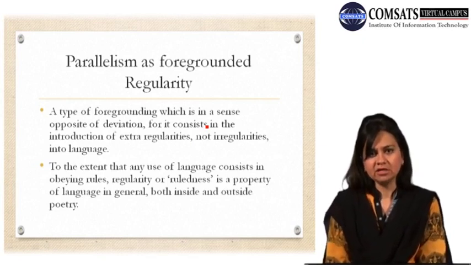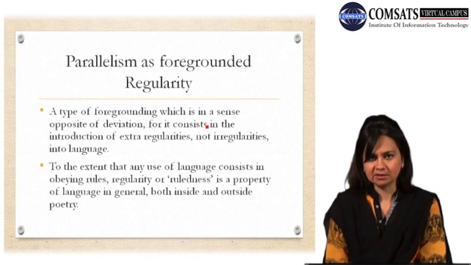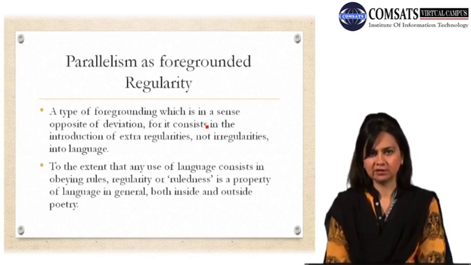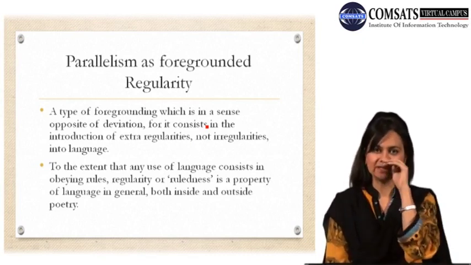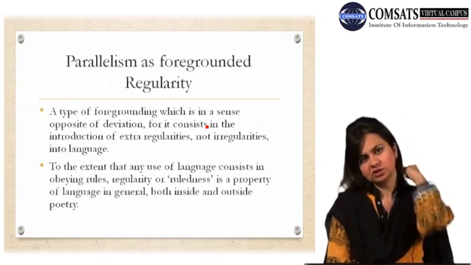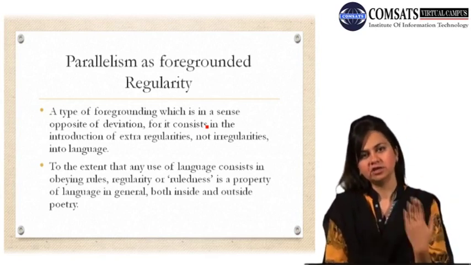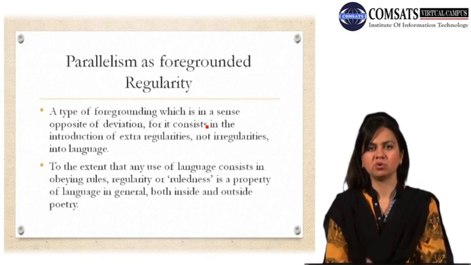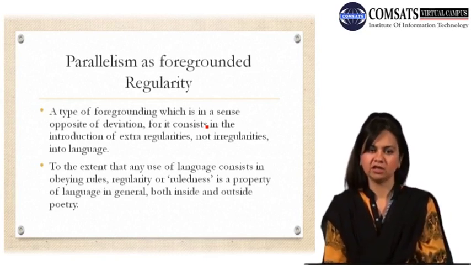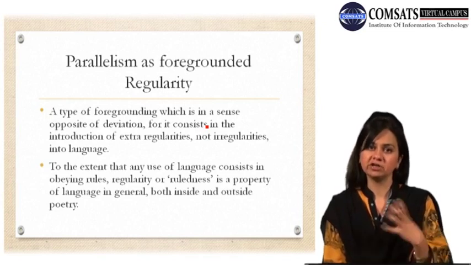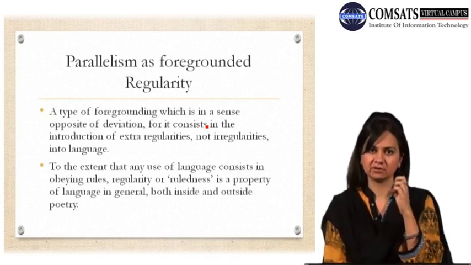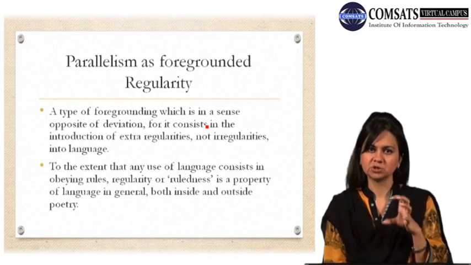Now, we understand parallelism as a foregrounded regularity because we studied deviation as foregrounded irregularity. In deviation, pattern was broken or disrupted. In parallelism, pattern is created, or we adhere to the pattern quite strictly.